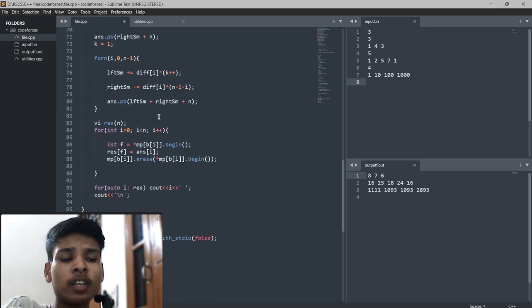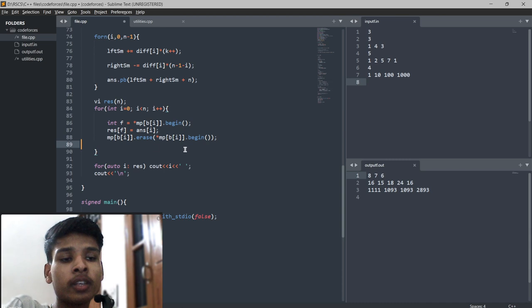Next I retrieve the position corresponding to that number which was in array B. Once I get that position, I simply put my answer at i, because my answer at i is the answer of my B at i. I put my answer at that position which was originally in array A. Once it is done, you will get your answer, and you can simply print it.